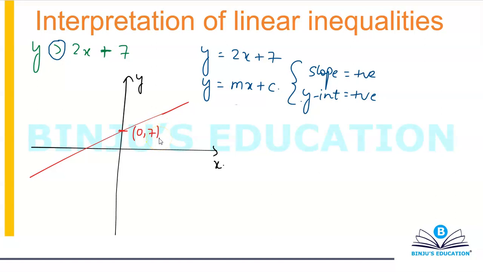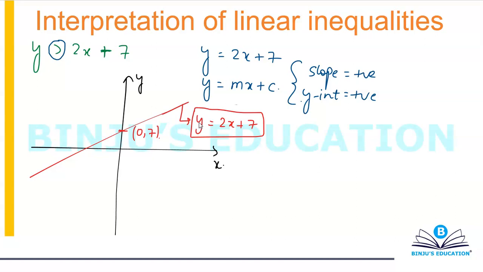But now understand, this line represents the equation y is equal to 2x plus 7. But you don't need y equal to 2x plus 7, right? What you need is y greater than 2x plus 7.